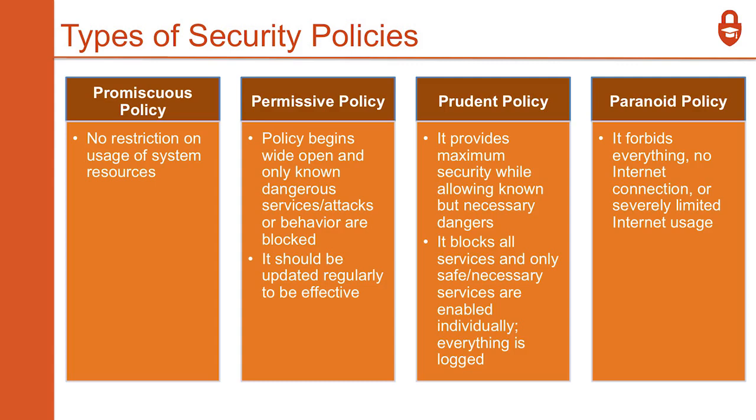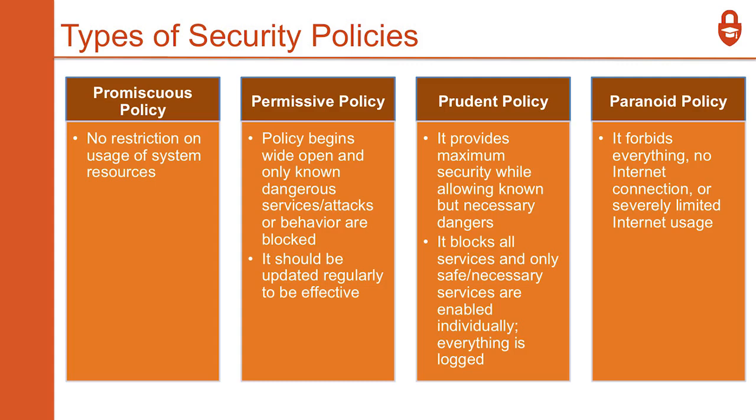So it's the opposite of the promiscuous policy. The promiscuous policy allows everything, right? Actually, I guess it's the opposite of our permissive policy. So the permissive policy starts wide open and then they close it as they need to. The prudent policy starts out completely closed and then they only open what they have to open. So there's the permissive and the prudent.